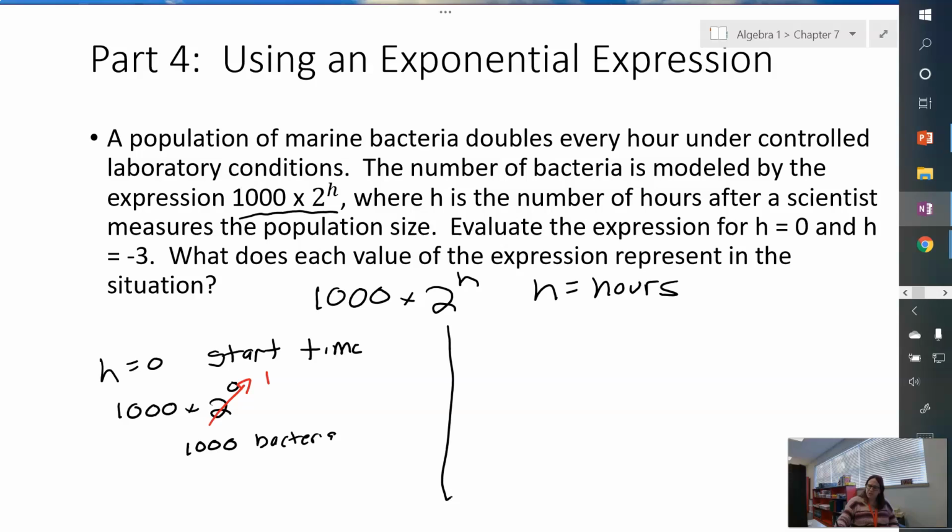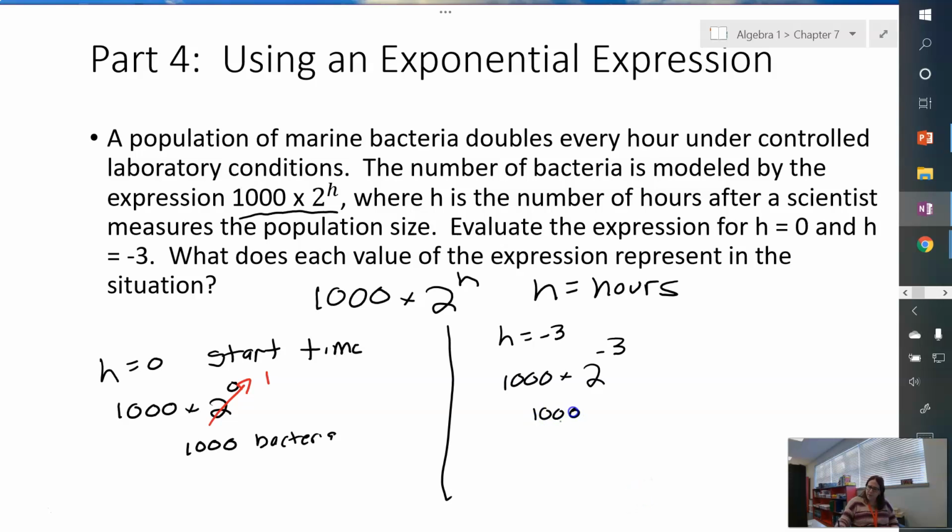Now we're going to put in h equals negative 3. Well, h is negative, so this means it's happening before the start time. Let's plug in 1,000 times 2 to the negative 3. Well, that's in the upstairs, so move it to the downstairs.